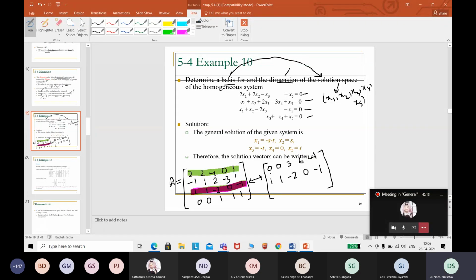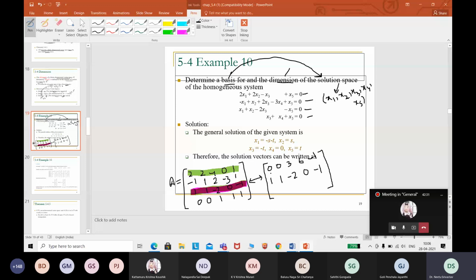The transformation I wrote is R1 tends to R3 minus 2R1. Am I right? 2R3 minus R1.